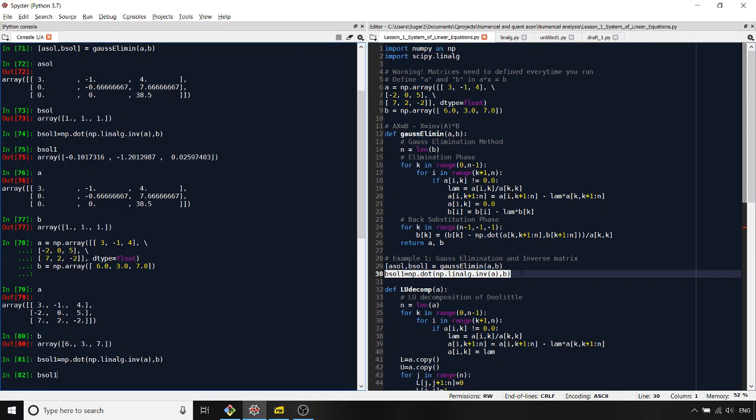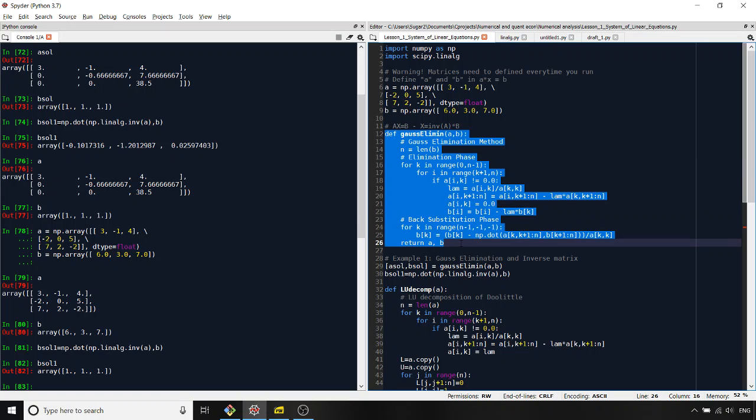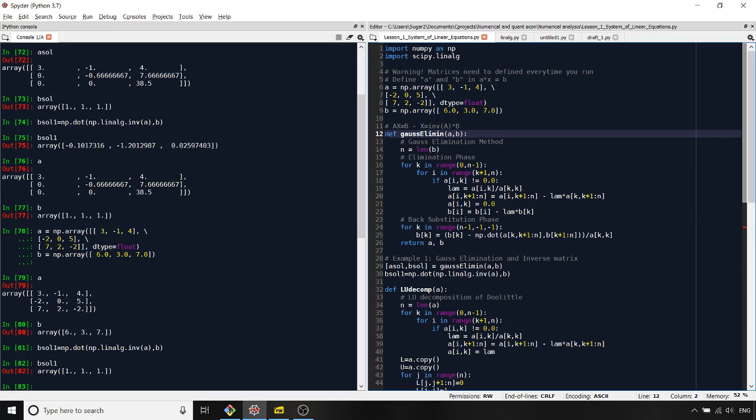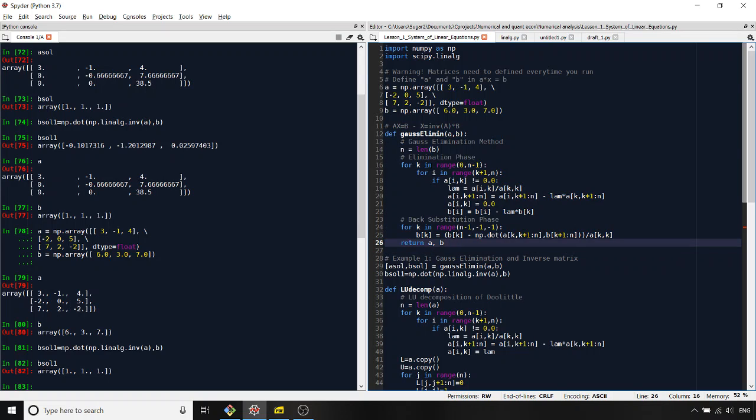We expected 1, 1, 1. Yes. So this calculation with the inverse matrix confirms our calculation which uses the Gauss elimination method. So this is correct. This was an example of how to implement a linear algebraic solution in Python, just using loops on a matrix NumPy array.